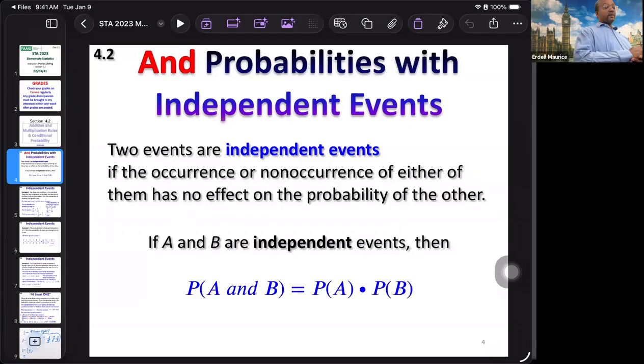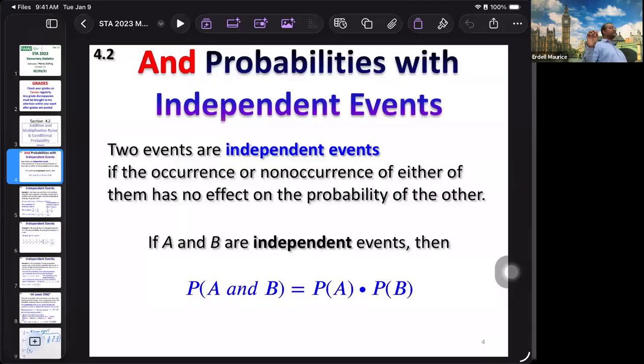One of the key things here is we have to learn about what are called independent events. Anybody happen to know what two independent events are? In colloquial terms, when we say events are independent, it means one does not affect the other.